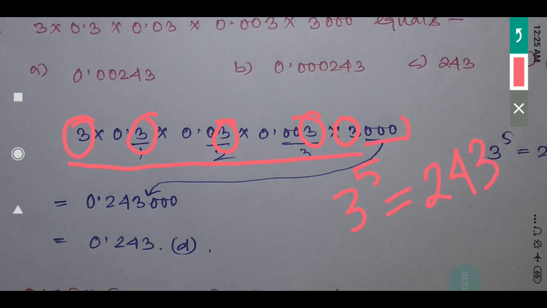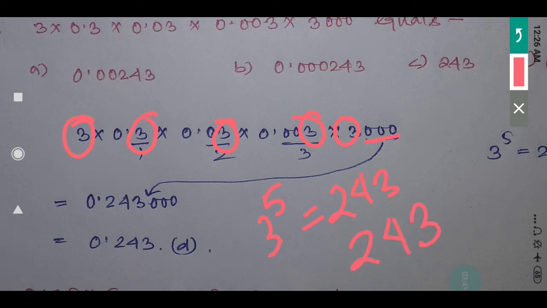Now here how many zeros are there? 3 zeros. So you will get 243000.